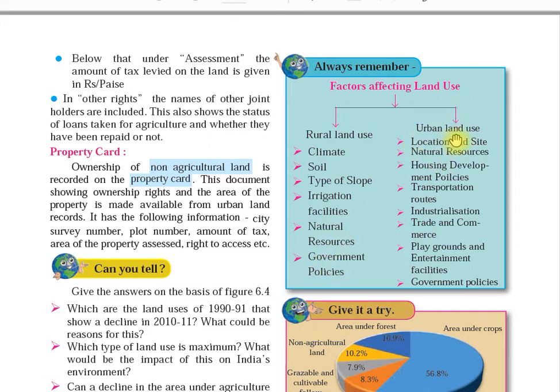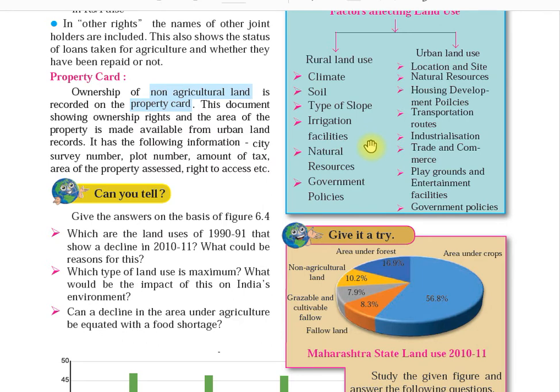Whereas in urban land use, we have location and site, natural resources, housing development policies, transportation, industrialization, trade and commerce, playgrounds and entertainment facilities, and government policies. So, all these things are factors which are affecting land use.